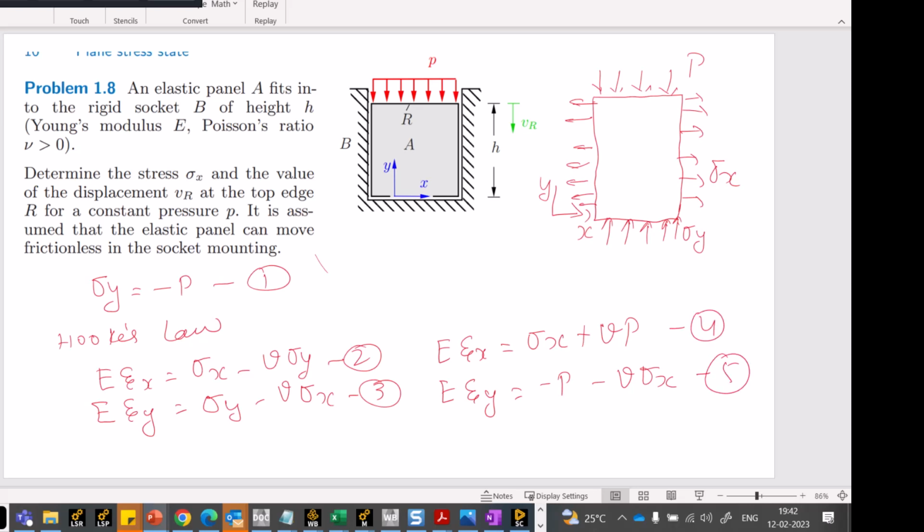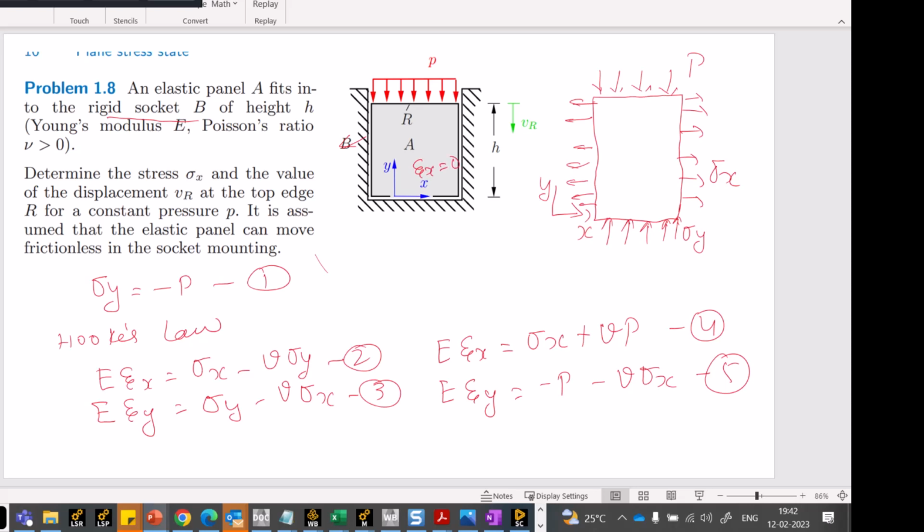Now if we go through the problem statement once, it says that this panel A is going to be fitted in panel B, which is a rigid socket. It means that the strain developed in the x direction is 0.